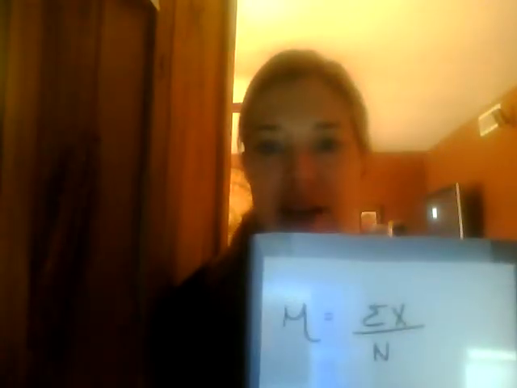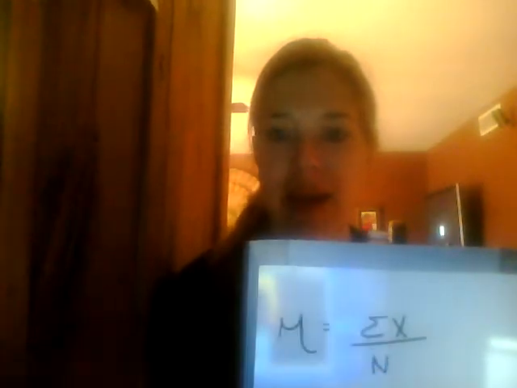You'll find the formula for the population mean to be mu is equal to the sum of all of the values, or the summation of x, divided by capital N. You can see that on your screen.